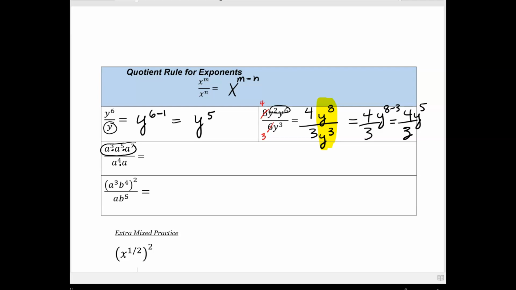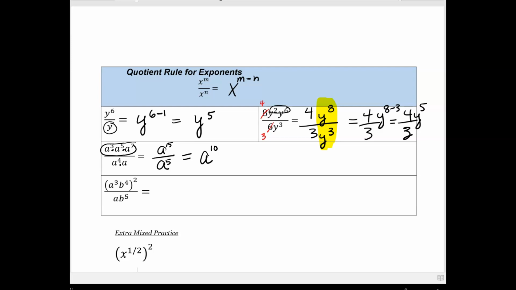So in the numerator, if you add 3 plus 5 plus 7, what do you get? You get 15. And then in the denominator, you have a 4 plus 1, which is 5. And since we're still dividing with the same base, we use subtraction. So we have a to the 15 minus 5, which is 10.